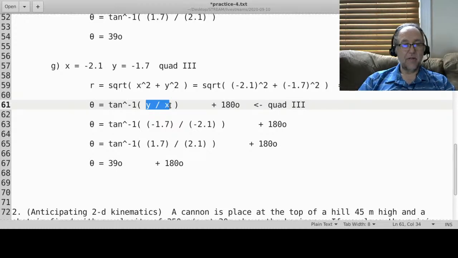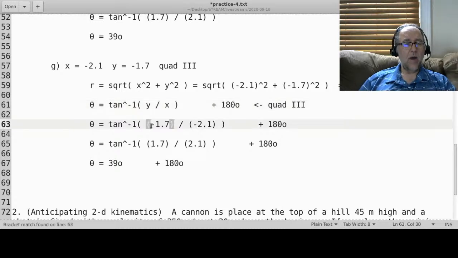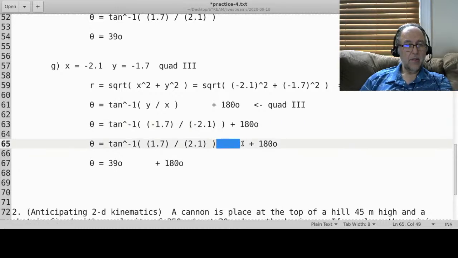This piece of it can't tell the difference between quadrant 1 and quadrant 3. As a result, you have to manually say, oh, I know these negatives are going to cancel, but I'm in quadrant 3, so I have to bring in that 180 degrees there. Okay, so that's what's going on there.